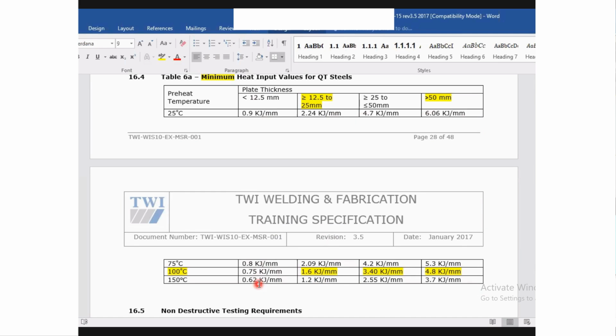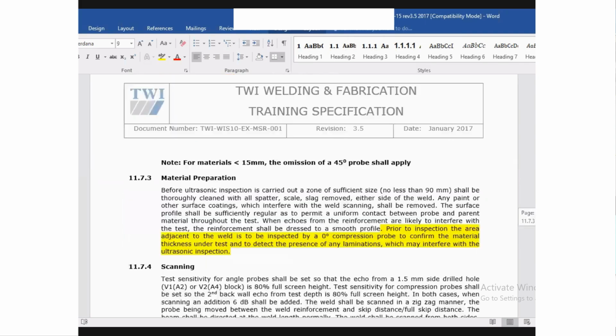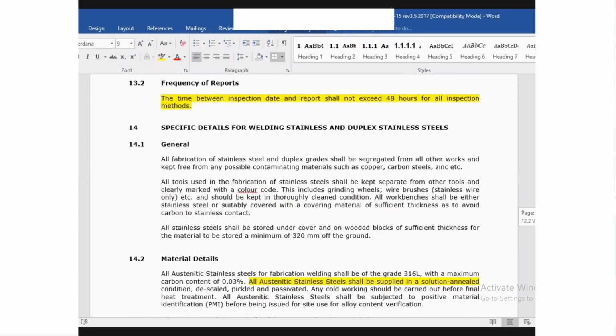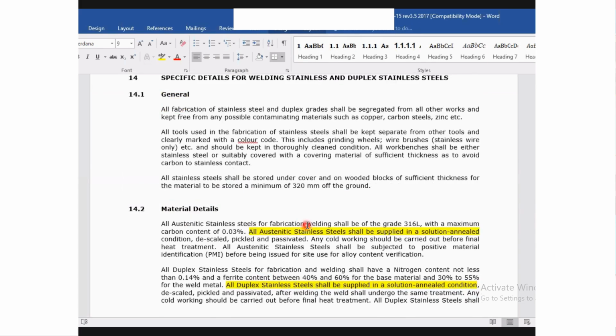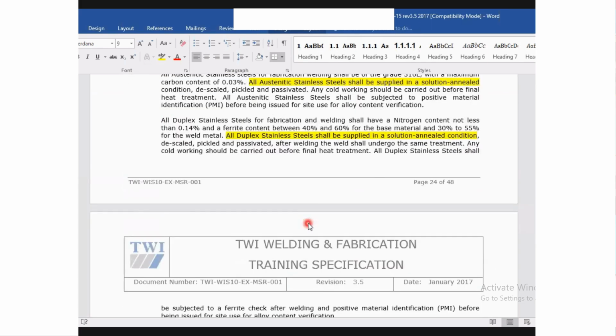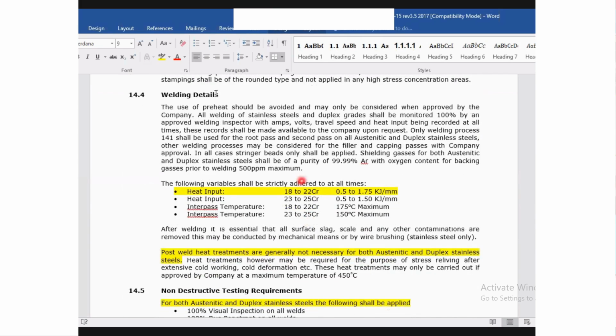It cannot be anything, any heat input is not allowed. There is a restriction there. All right. The second one, we look at page 25. Duplex stainless steel, 14.4. In 14.4, we can see that it depends on the chromium content. Then it will give the minimum and maximum of the heat input value. Yeah.